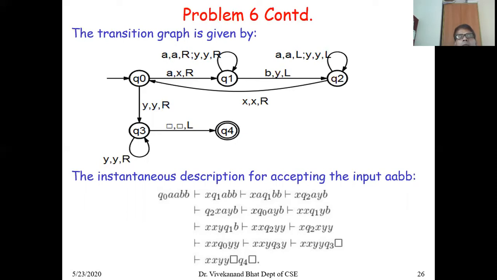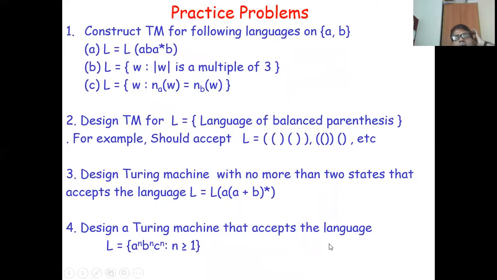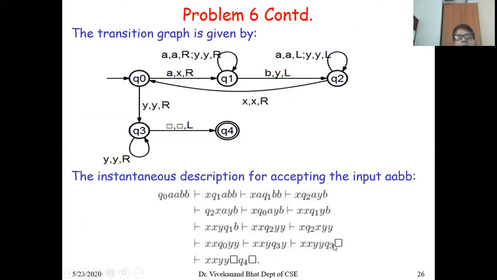Once we have Q2 pointing to X, replace X by X, move right. Similarly, replace Y by Y, moves right, entering into the state Q3. Similarly, replace Y by Y and read blank, enter into the state Q3, and read blank by blank, moves left.